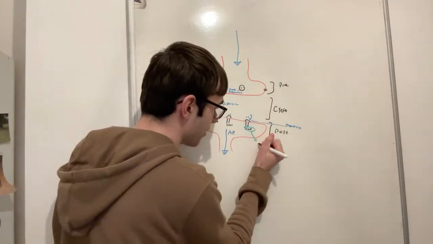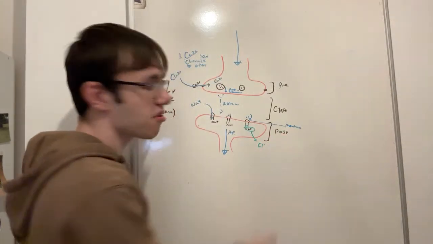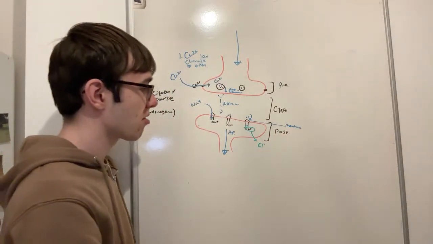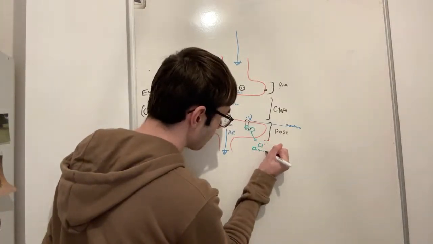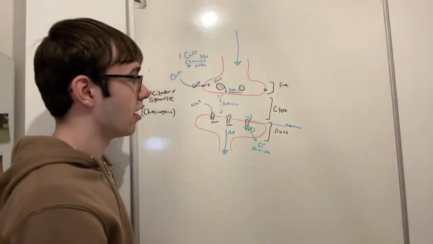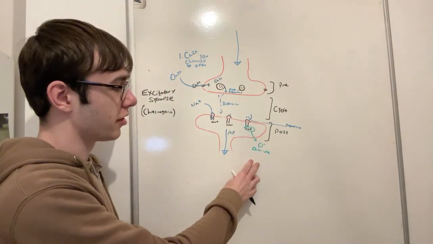It's chlorine, I think. It's going to be Cl minus ions, chloride ions. And this is in inhibitory synapses.